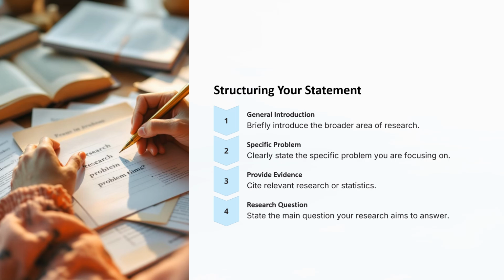Research questions, then you can state the research question your research aims to answer, and the research questions dictate the hypothesis at the same time. You see, you have your objectives. We are going to look at research objectives later, but not in this presentation. Okay, so when you structure it, you must structure it in an orderly manner so that it will command the understanding of your readers, and also it's like a pyramid turned upside down.